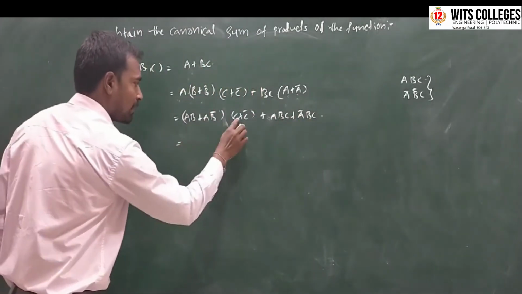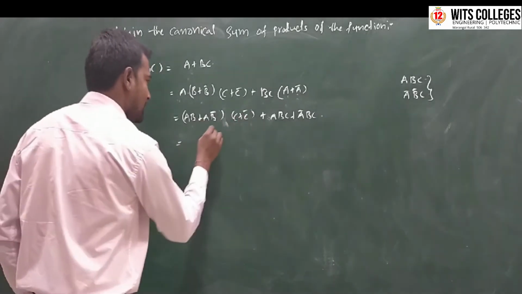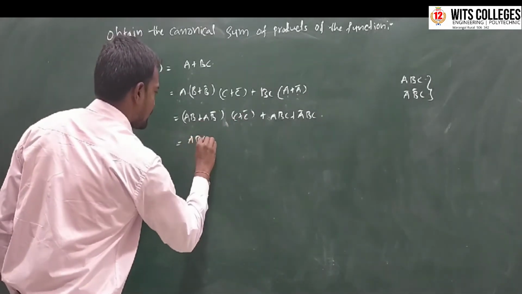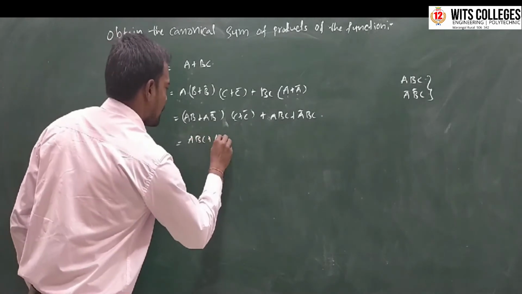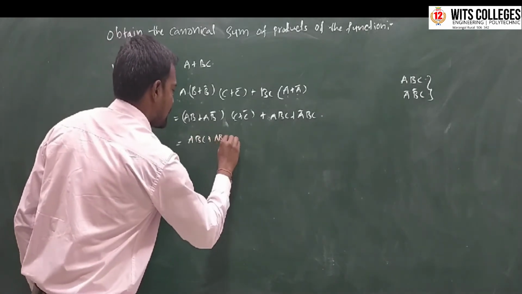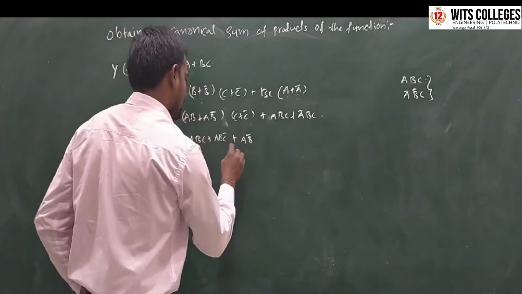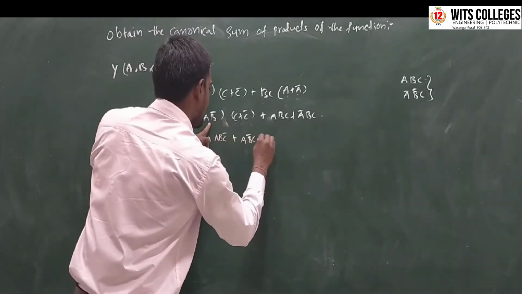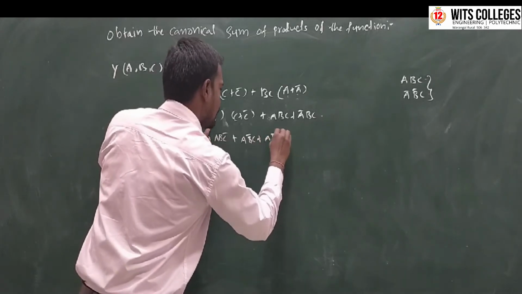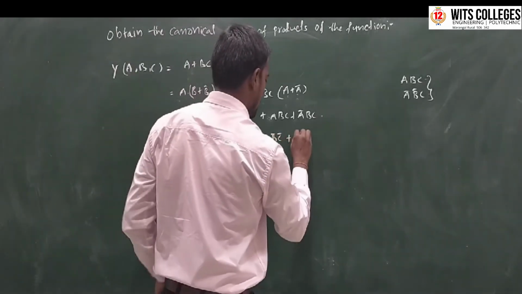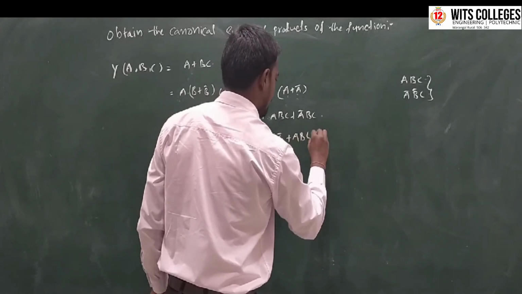Multiply with C plus C bar with this term, then we will get A B C plus A B C bar plus A B bar into C plus A B bar into C bar plus ABC plus A bar BC.